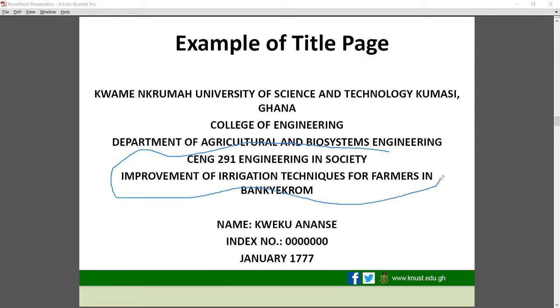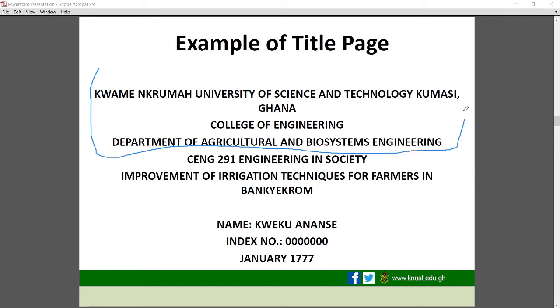So this is CNG 291. Then we have improvements of irrigation techniques for farmers in Banchi Krum. And then you have the details of the school and the college, as well as the department. We have KNUST, College of Engineering, then the Agricultural and Biosystems Engineering department. And that will be it.